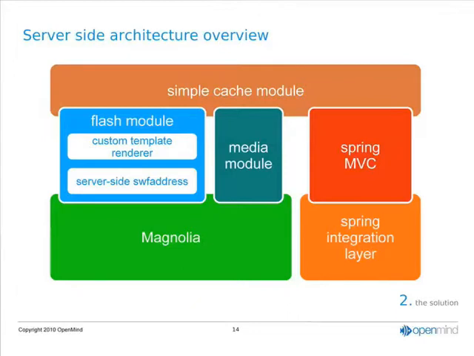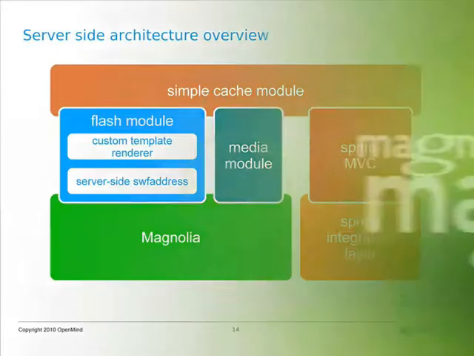On top of the Spring integration layer, we have the Spring Embassy to expose XML service directly to Flash. On top of Magnolia and the standard modules of Magnolia, we build the Flash module, which is a very simple solution, with basically some custom template renderer, a server-side support for SWF address that I can explain later, and the media module for serving digital assets.